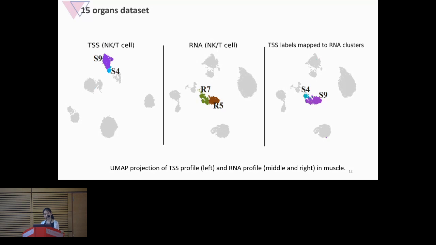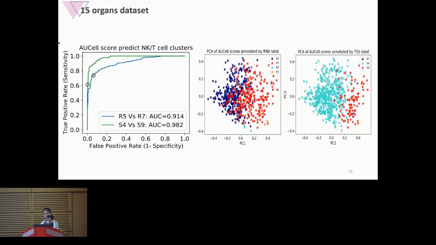We suspect that the difference is due to the TSS profile being more similar to the regulation profile. So here we use SCENIC to calculate the AUC cell score of regulons in each cell, and then use that matrix to predict the T cell clusters.